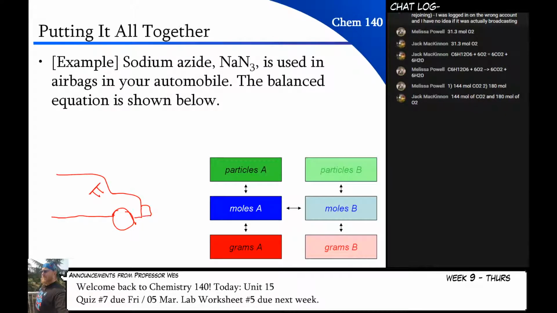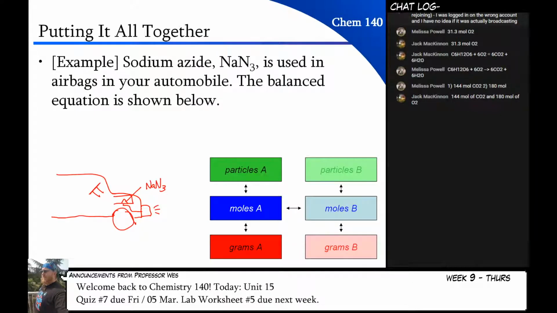And if you bonk something with your fender, what ends up happening is the fender is connected to a circuit which contains your sodium azide, somewhere along that.